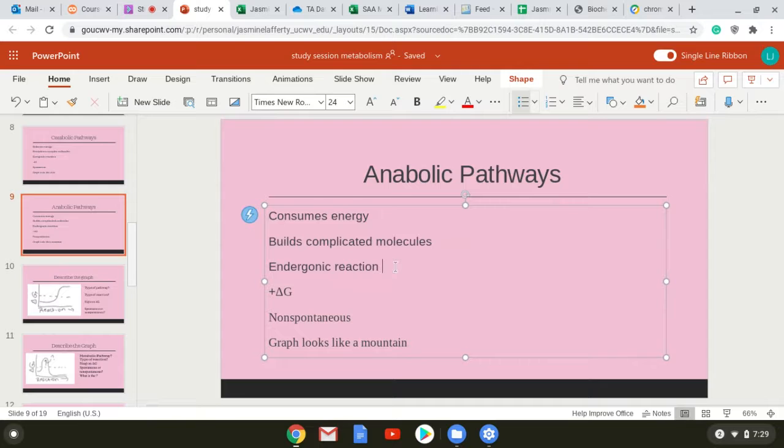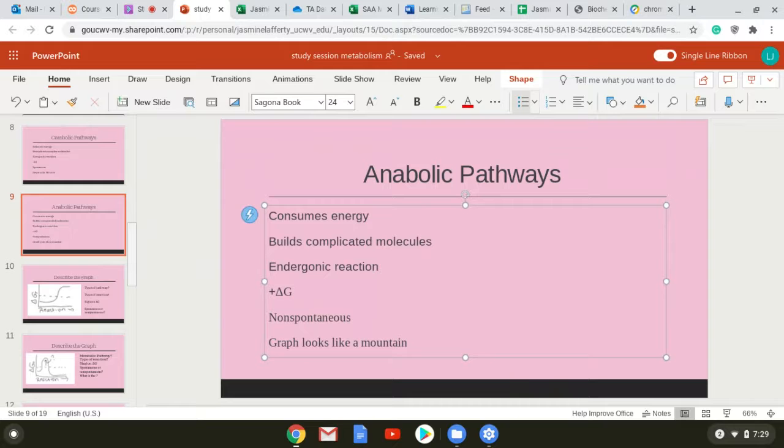It is considered an endergonic reaction. It consumes energy. So this is where it has to take some energy, just like climbing up the stairs. It takes energy for me to climb up the stairs. And it builds complicated molecules.